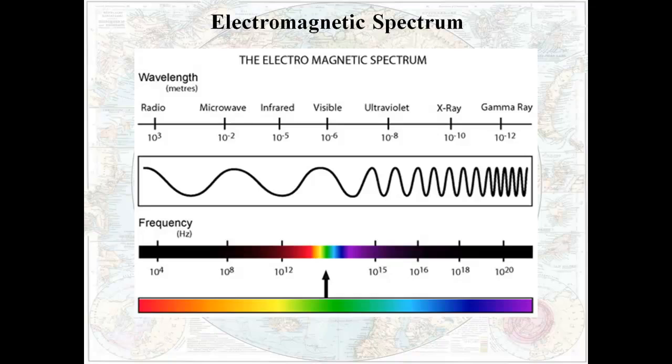So here we have the electromagnetic spectrum, and the way this is drawn here, we have long wavelengths on the left side and short wavelengths on the right side. So these short wavelengths are higher frequencies. The longer wavelengths are lower frequencies. Generally, when we're talking about the electromagnetic spectrum of the sun, we show charts of things by wavelength and not by frequency.